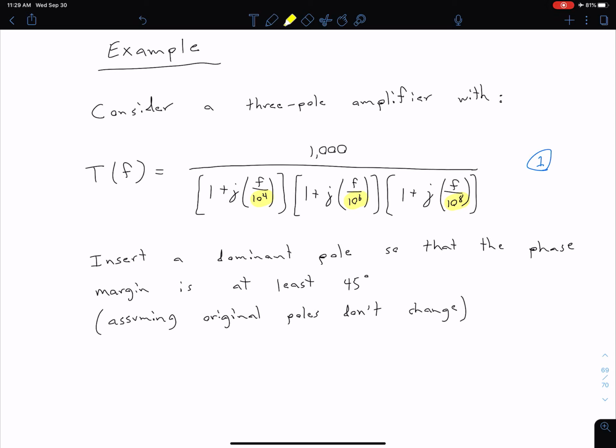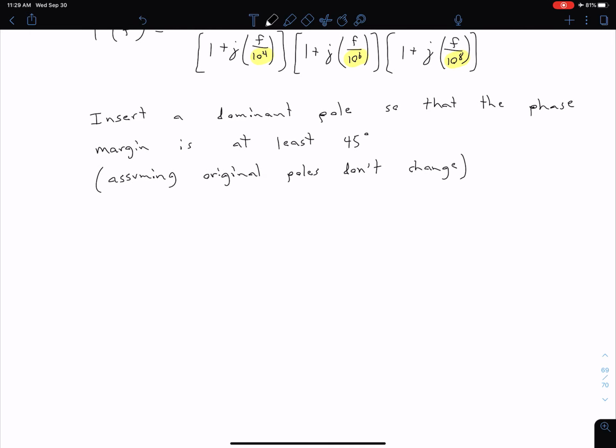What we're trying to do is insert a dominant pole so that our phase margin is at least 45 degrees. And we're making the assumption that by inserting this dominant pole, we're not changing any of the original 3 poles. Okay, so the basic process is we're inserting some dominant pole at some frequency, f equals f sub PD, pole dominant.